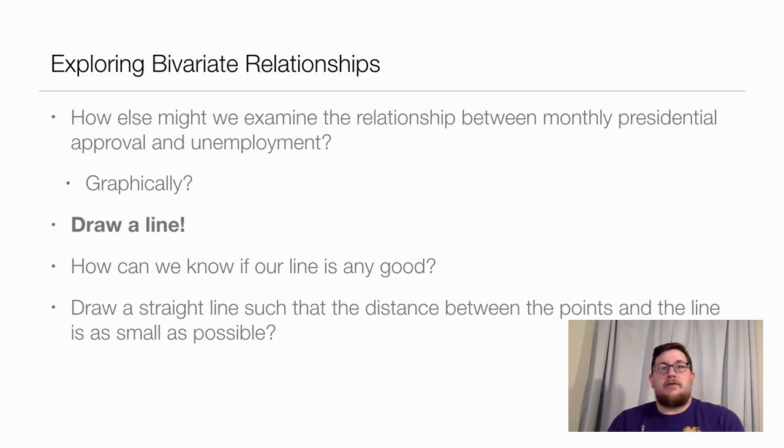So how do you do that? Well, mathematically, there is a way to do it. It's sort of a preview of what's to come. That's actually called regression, which is what we're going to come to at the end of the semester.